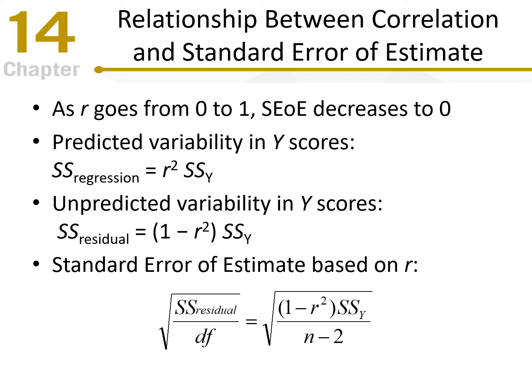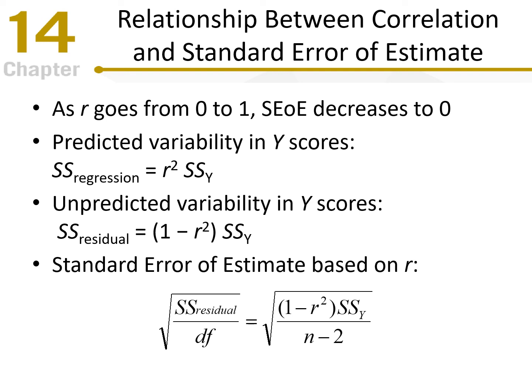That basically tells me how much of the variability of Y is predicted by X. So how good is X in predicting Y? That's the sum of squares of regression. If I want to find the error in prediction, I need to find the sum of squares residual, which we calculated before, but you can also calculate it with R squared. So 1 minus R squared times the sum of squares of Y gives me the sum of squares residual.